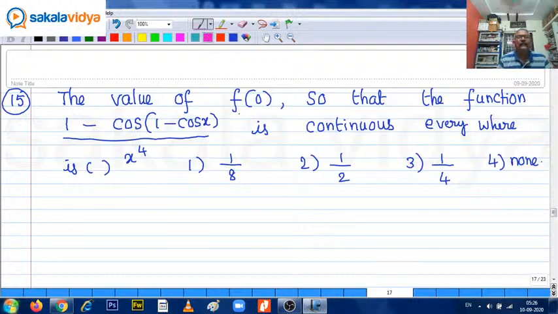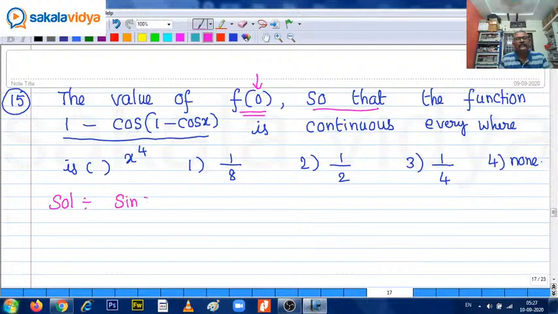So the value of f of 0 so that the function 1 minus cos of (1 minus cos x) upon x to the power of 4 is continuous everywhere. Continuous everywhere means it is also continuous at x is equal to 0. So first we get the solution.